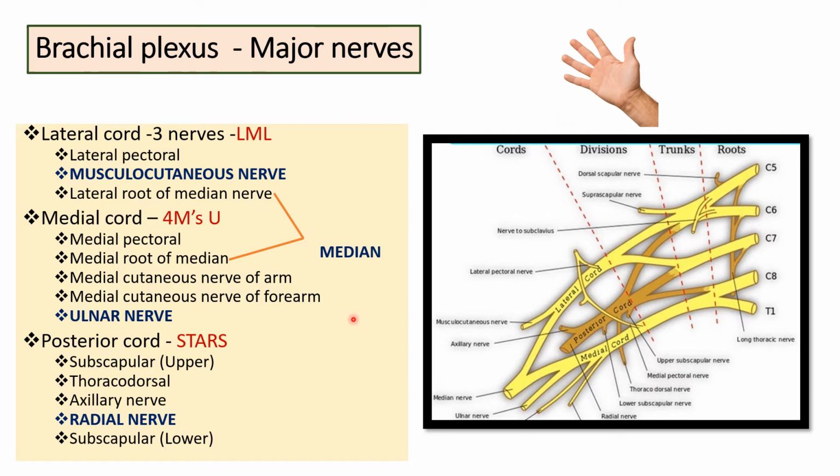Among these, you can see the median nerve is contributed by 2 roots, one from the lateral cord and one from the medial cord. Then the other important nerves of the brachial plexus are the musculocutaneous nerve, the ulnar nerve, and the radial nerve. These 4 major nerves we will consider for remembering their work distribution.